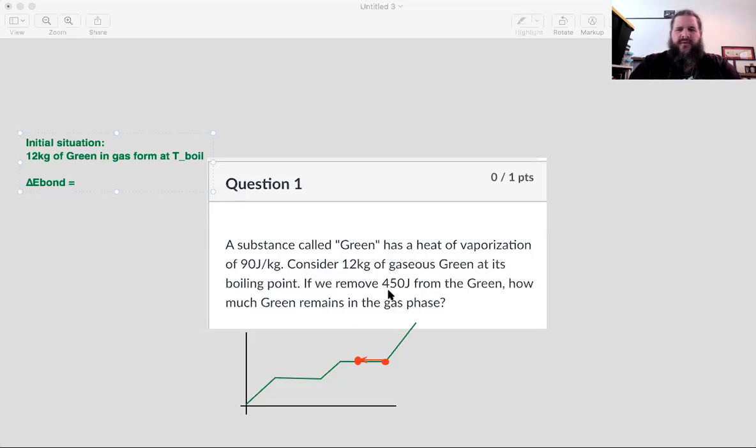Yeah, we're removing 450 joules. I'm assuming that's probably heat. So let's say delta E bond equals heat. And we know that that heat is negative 450 joules because we're losing that energy. We're removing that energy. And what formula could we use for delta E bond?